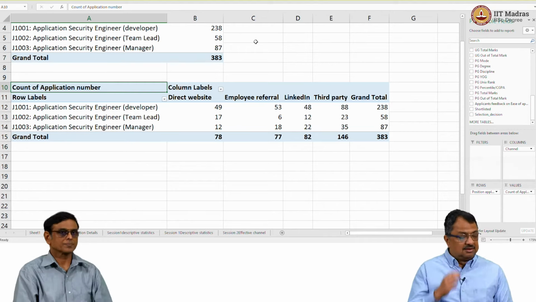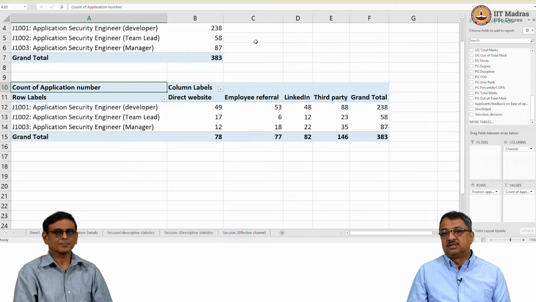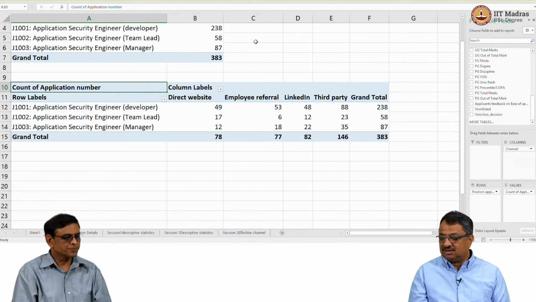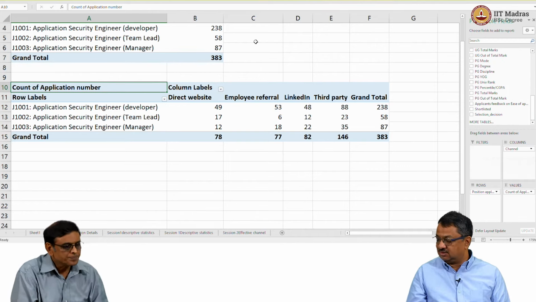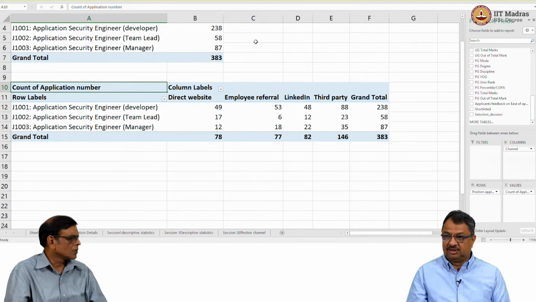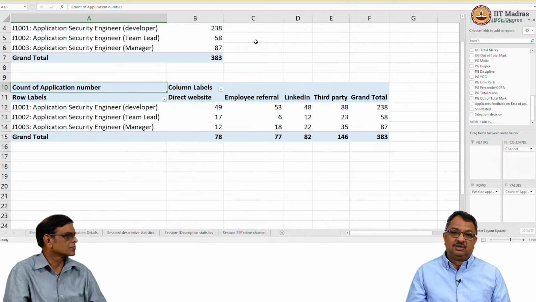Okay. So now let's take a look at how you assess which channel was the best. I think some of this analysis we've already played with, but let's do it in a more structured way, because you do want to look at multiple aspects of the channel, and by looking at multiple parameters, you want to decide which is the best channel.